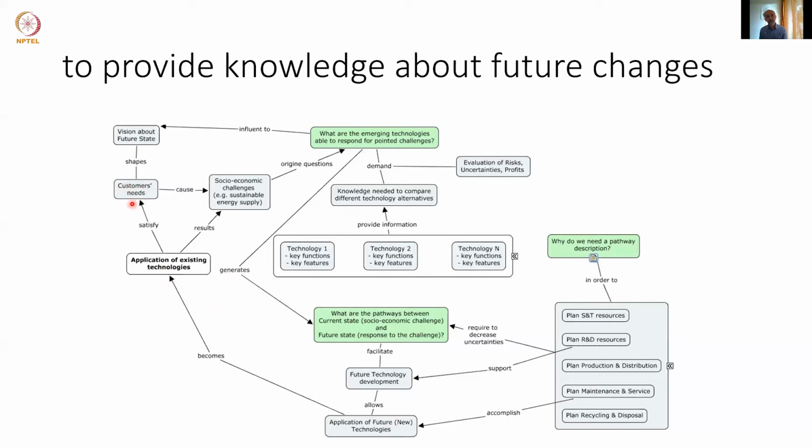But our needs also will shape our vision of what we will need in the future. The technology forecast provides us the knowledge about the future, but this knowledge is enough in order to plan and to describe the pathway between the current state and the future state.